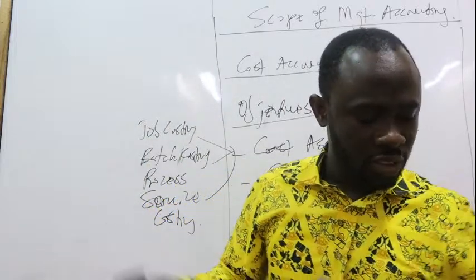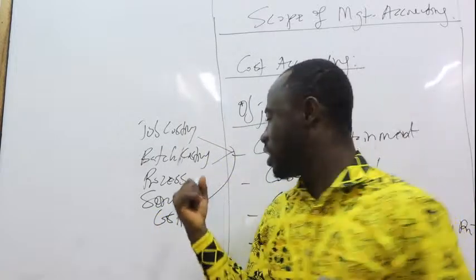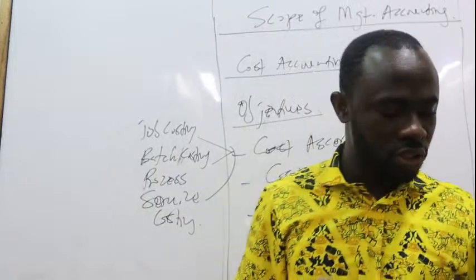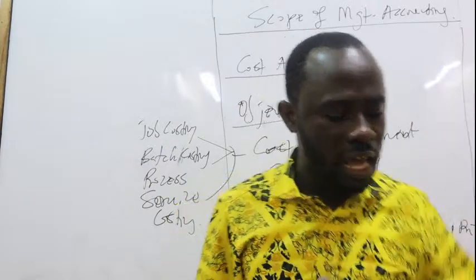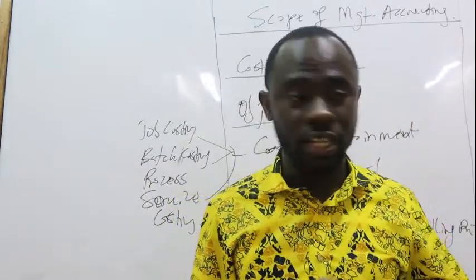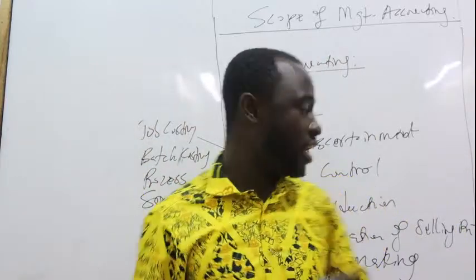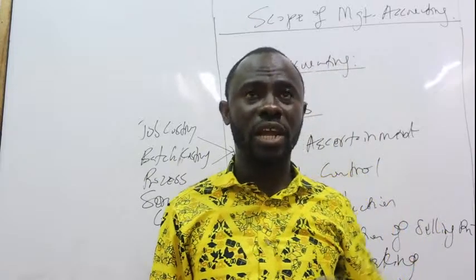There are a couple of techniques that can help us in dealing with cost reduction. These techniques include budgetary control, material control, labor control, and overhead control. All these are techniques that can be used in the reduction of what? Cost. So if we have labor control in place, what does that mean?